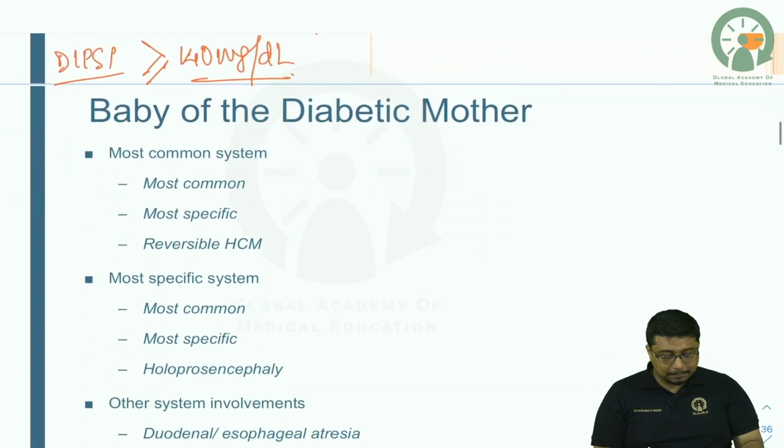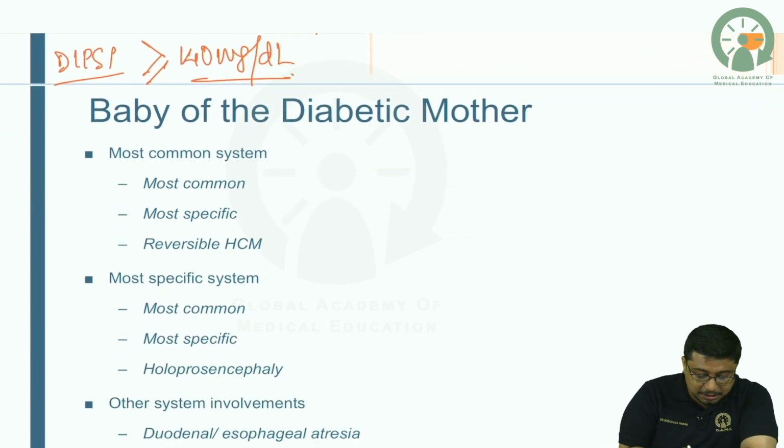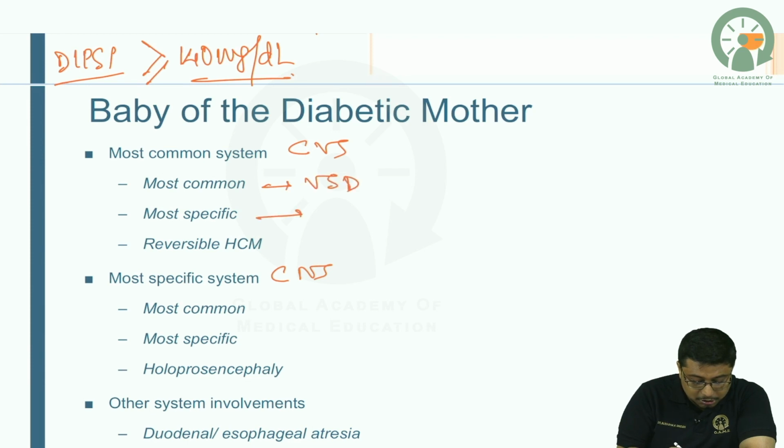So let us come to the FAQ discussion. Most common system involved in diabetes, CVS. Most specific, CNS. Most common in CVS is VSD. Most specific in this is DTGA. And most common in CNS is neural tube defect.